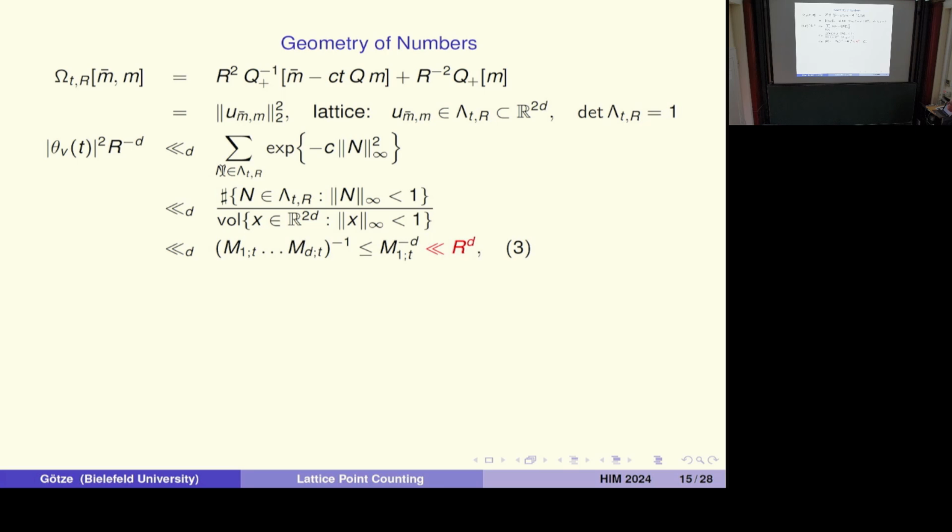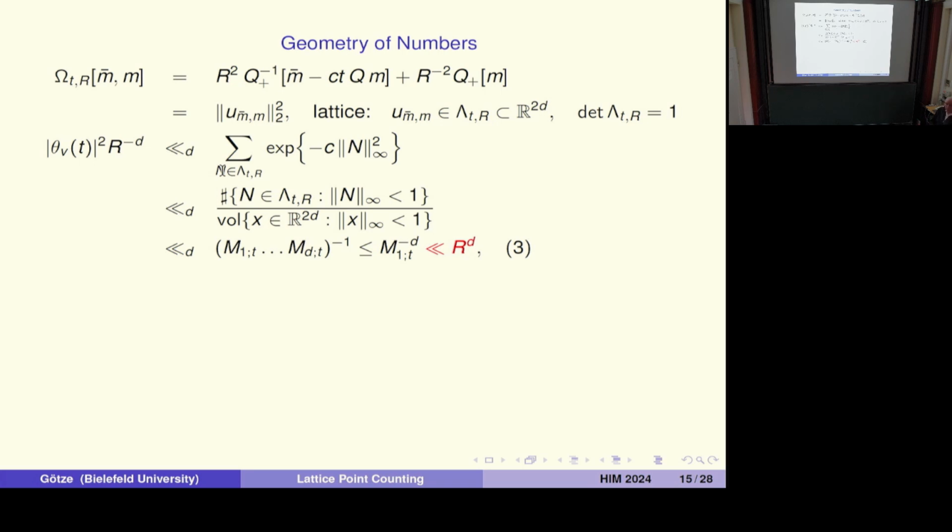It is the density of this lattice in a box of size 1 divided by the volume of that lattice, bounded by that. And now comes geometry of numbers. Because how do you estimate the number of lattice points of an arbitrary lattice in a box?